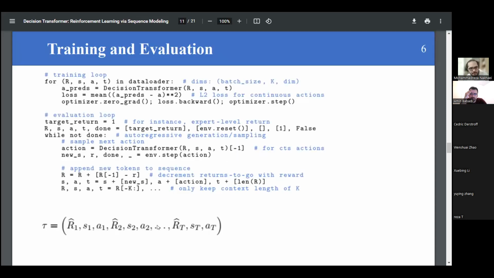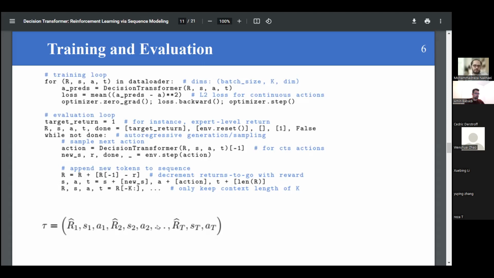Yes. So here the target return, it means the reward for one step, right? The target return means the return we want to reach. For example, in a CartPole environment, a simple environment, the maximum possible return is 500, I think. So the initial target return is 500. But at each time step, we have a reward of 1 if the agent hasn't failed.